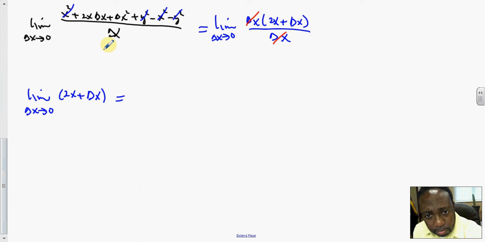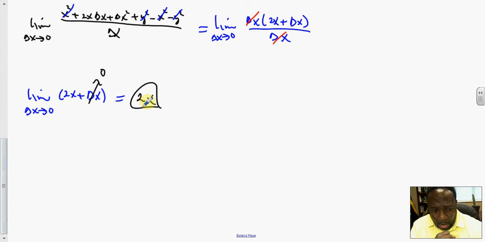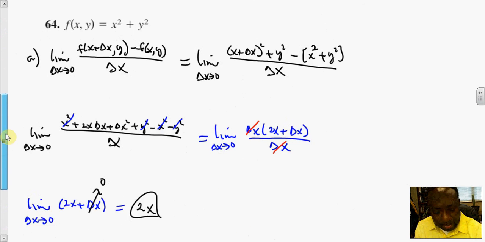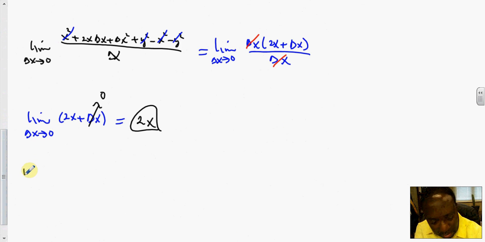As delta x goes to 0, the result here is just 2x. And wouldn't that be the derivative with respect to x if y is treated as a constant? Taking the derivative with respect to x, treat y as a constant; the derivative of a constant is 0, and the derivative of x squared is 2x. Very similarly, that's what happens for the next part.